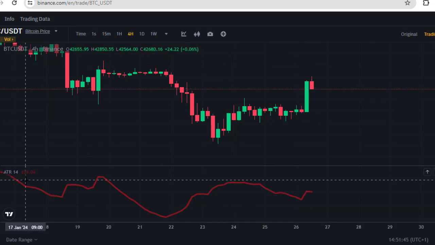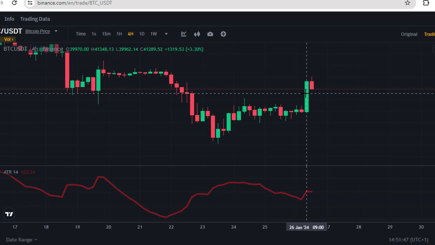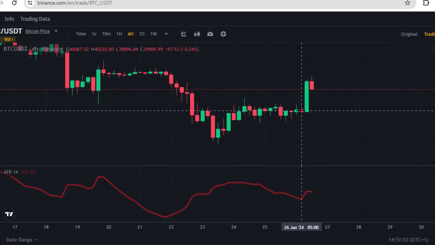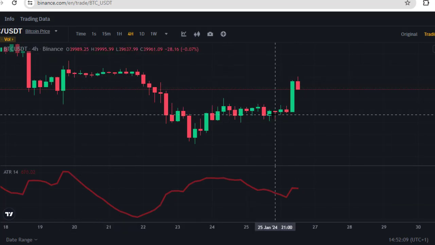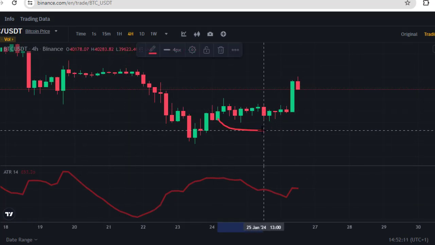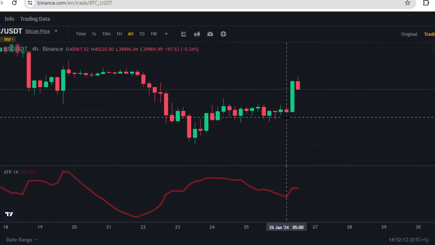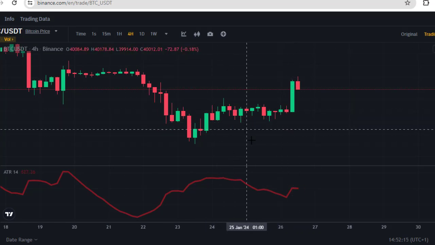If you look at the ATR indicator, this very candle has an ATR value of $602, this very candlestick has an ATR value of $542, and this very candle has an ATR value of $559.48. It is the same for every other candlestick printed on the chart. So this is how you read each candlestick's ATR on your chart.